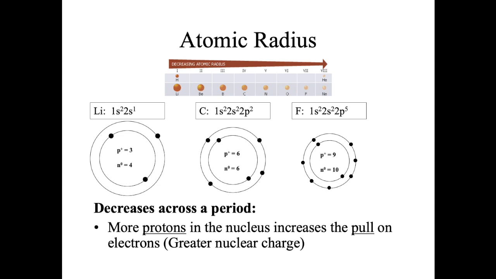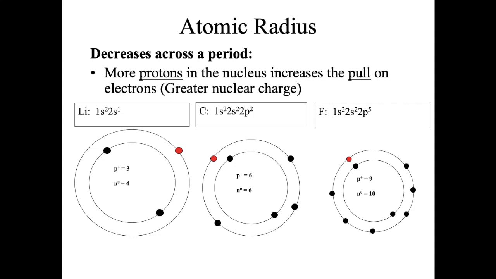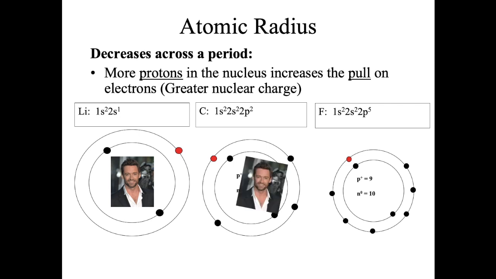Let's think back to my celebrity crush metaphor again here. In lithium, let's say in the nucleus of lithium, let's replace that with 1 Hugh Jackman. So me, as an outermost electron, is going to feel some attraction towards Hugh Jackman. But if in carbon there's 2 Hugh Jackmans, I, as an electron, will feel an even stronger attraction, want to get in a little bit closer.